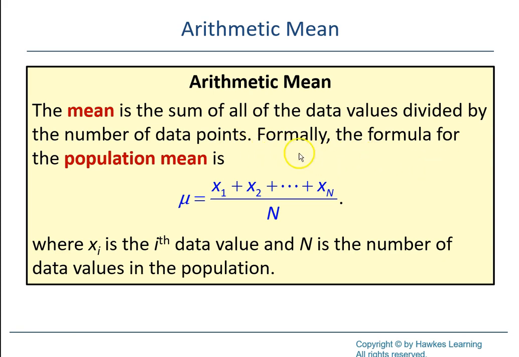So formally, the formula for a population is, now this funny shaped U is a Greek letter, I believe it's mu, and here are all your data items listed, and N is the total number of data items, and that's what you divide by. So a common one is if you had 10 data items, you'd add them up and you would divide by 10.